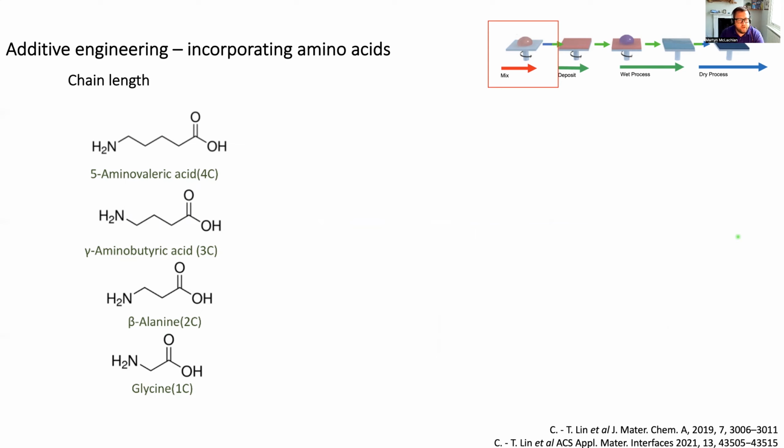The species shown here are naturally occurring amino acids, and it's known that the Lewis base nature of the amine can have a positive influence on halide vacancies. These materials are Zwitter ions, so they carry both a negative and positive charge at either end of the molecule.